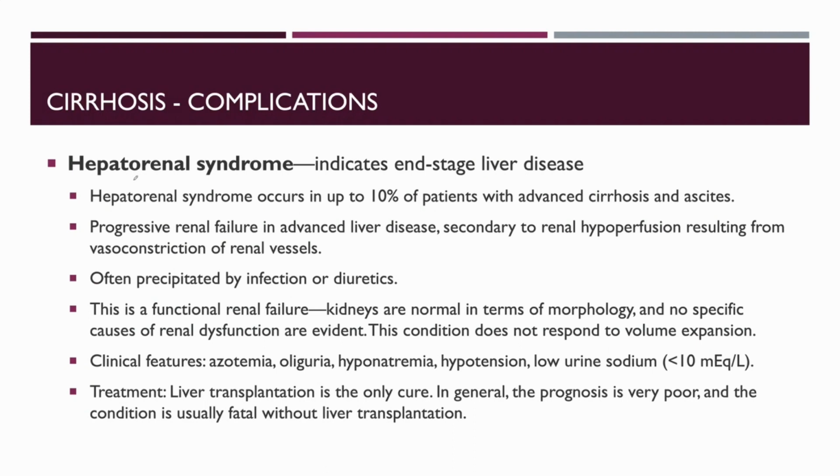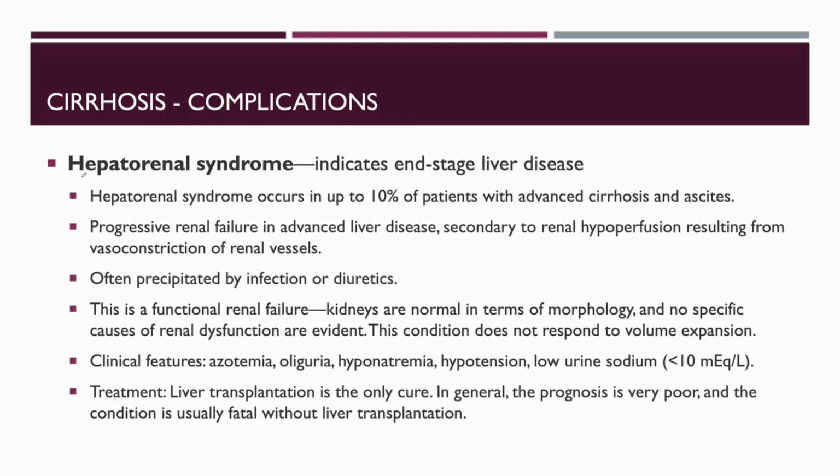Moving on, another complication of cirrhosis is what we call hepatorenal syndrome. Now, remember we said that there's massive shunting of blood away from the liver, moving it around the liver. Because of that, we also get decreased renal perfusion, so the blood is not flowing through the kidney as it should.